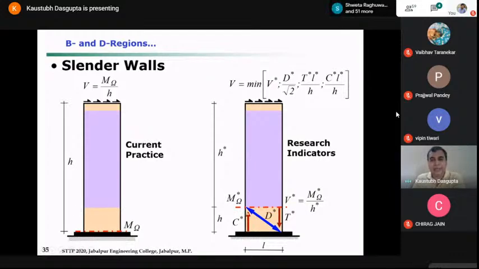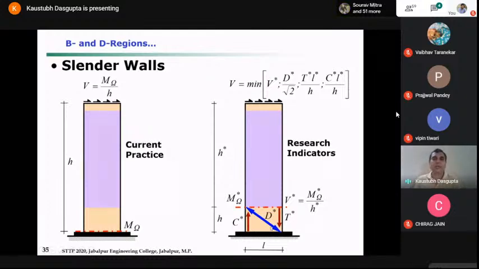And here it becomes like a deep member, because if you look at the aspect ratio of only this part of the geometry, the length or height, this dimension, is small. So this is like a deep member. Here you have that strut type of mechanism, the strut and tie model.